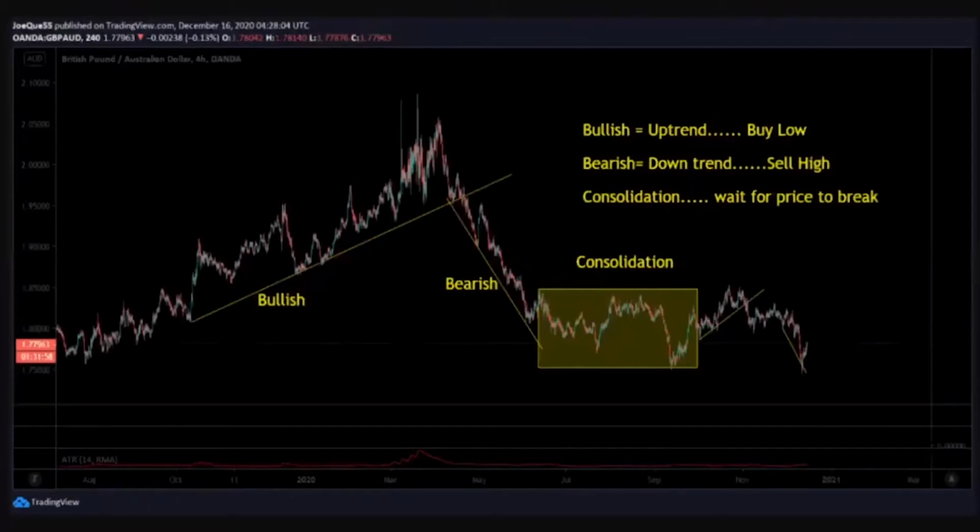All right, so again, I'm going to put this in the chat so everybody can take this home and have a visual to keep with you. So quick review: bullish uptrend, looking for buy opportunities. Bearish downtrend, we're looking for sell opportunities. Consolidation, wait for the market to break price, okay?